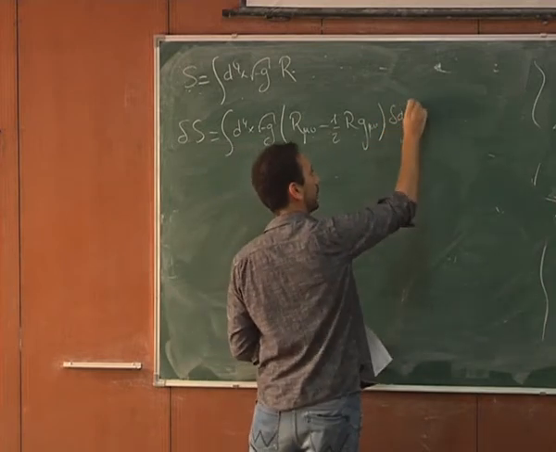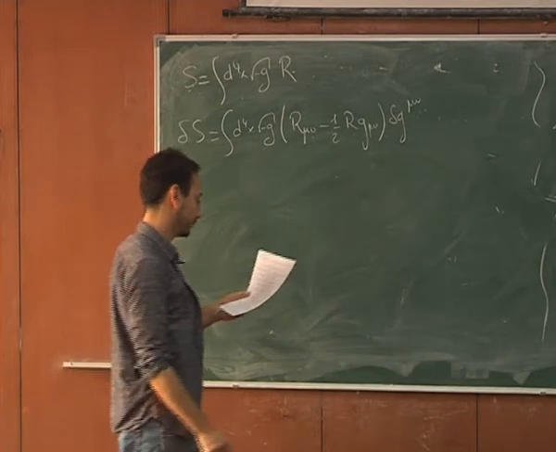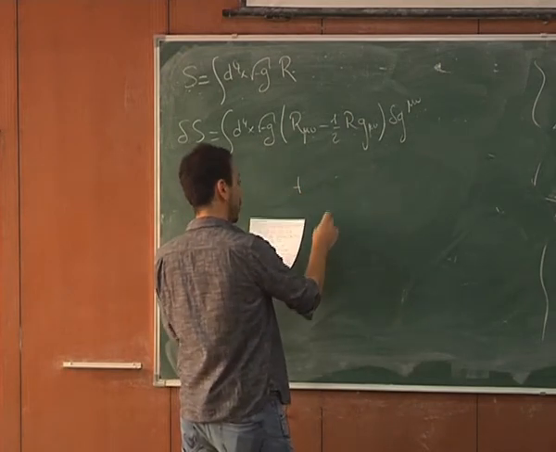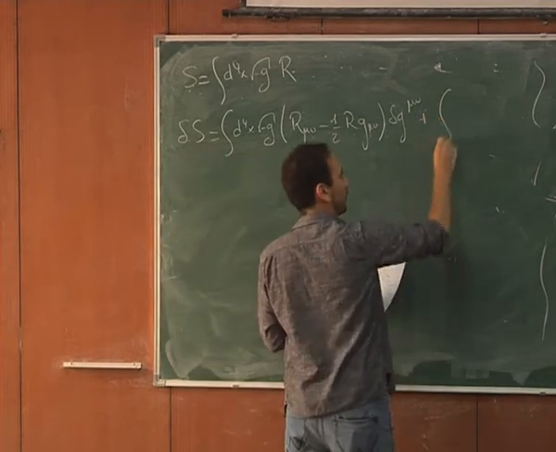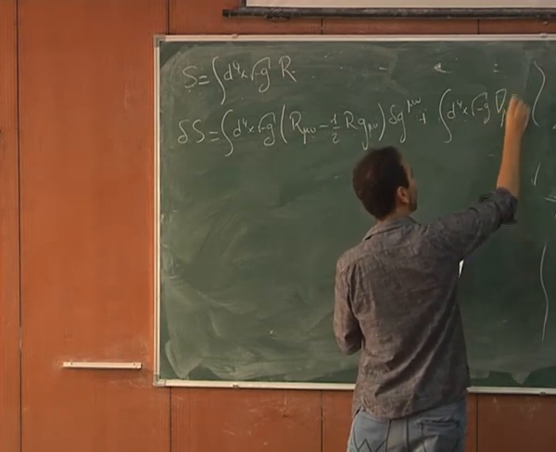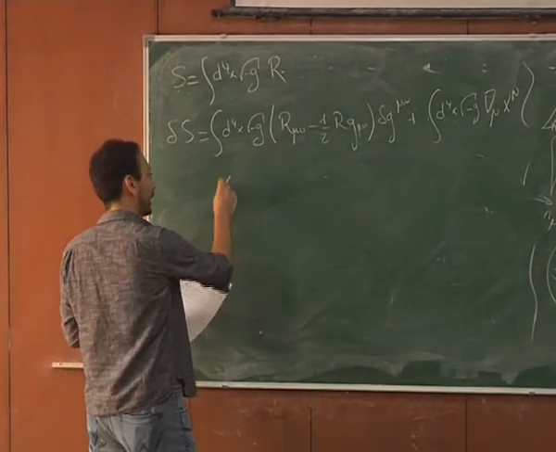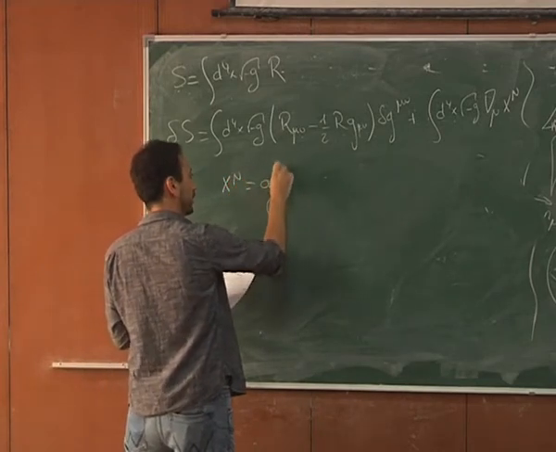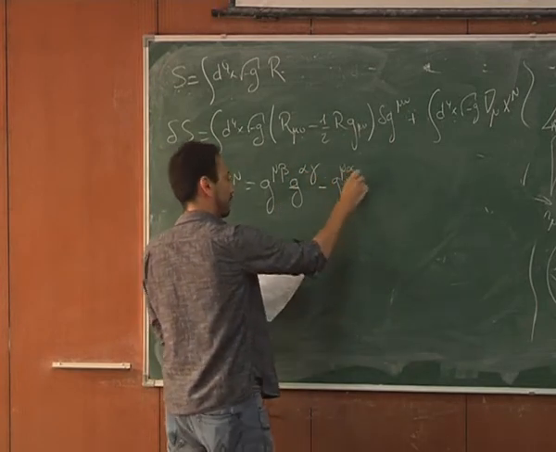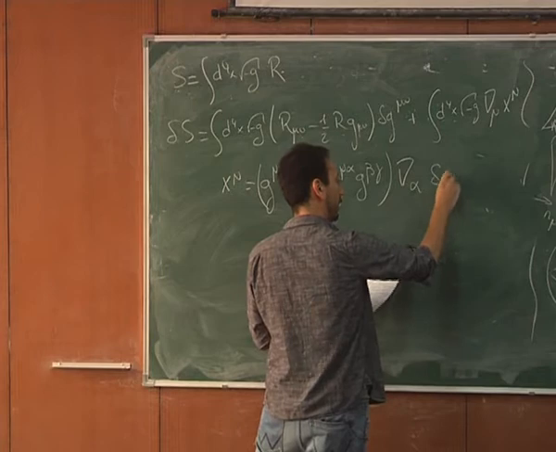But then you get an extra term which you can write as the divergence of a vector, and this vector is g^{μβ} g^{αγ} minus g^{μα} g^{βγ}, times the covariant derivative of g_{βγ}.